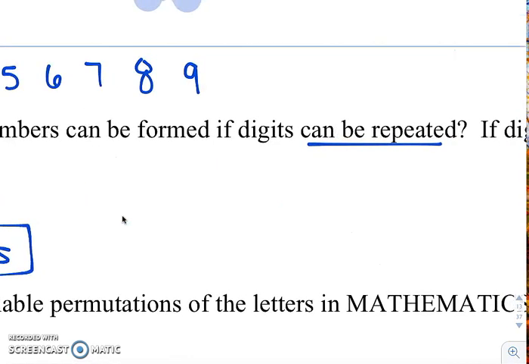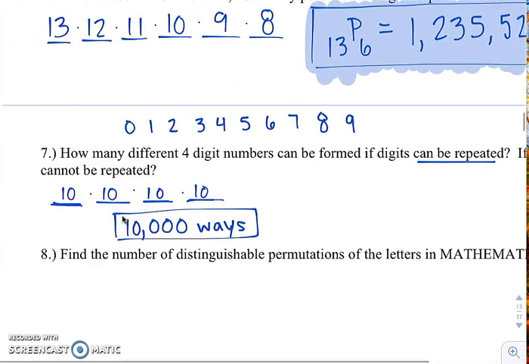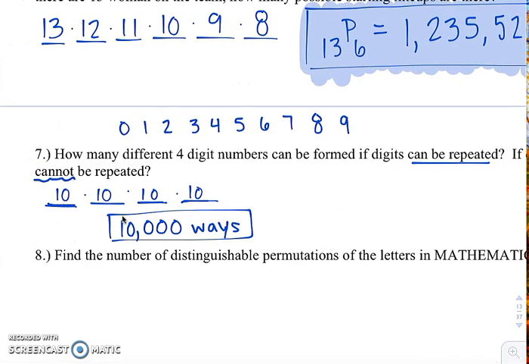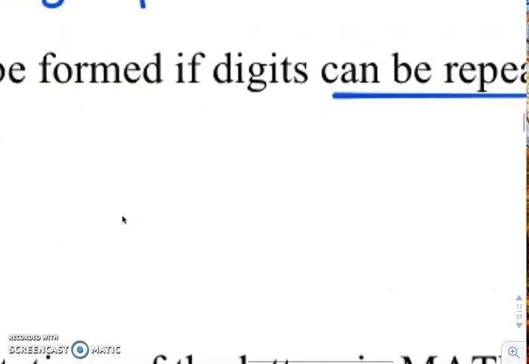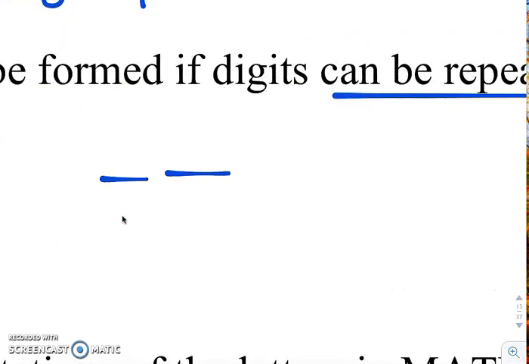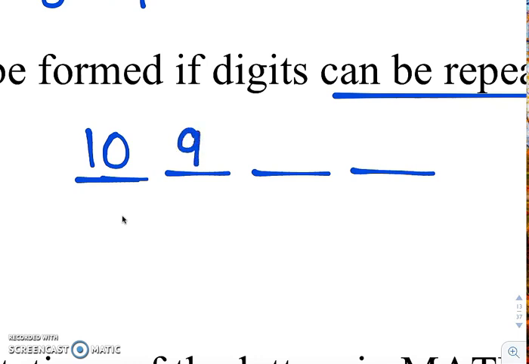Now, if it can't repeat, which is the second piece here, then you would still have 4 digits, but once you've used a digit for that first spot, you would only have 9 to choose for the second, 8 to choose for the third, and 7 to choose for the last spot.